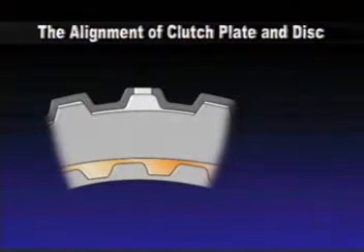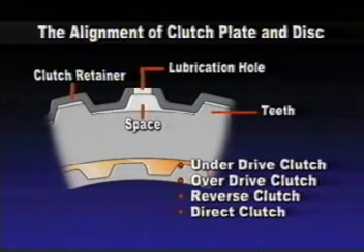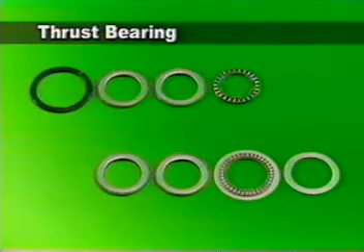When assembling the brake plate and disc of the underdrive clutch, check the assembling direction for the smooth lubrication of overdrive clutch. This is also applied to the assembly of overdrive clutch, reverse clutch, and direct clutch of 5-speed automatic transaxle. Now let's move on to the thrust bearing.